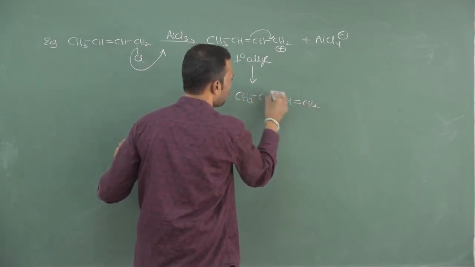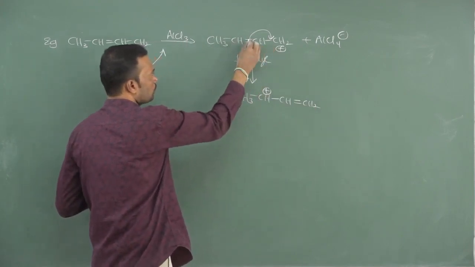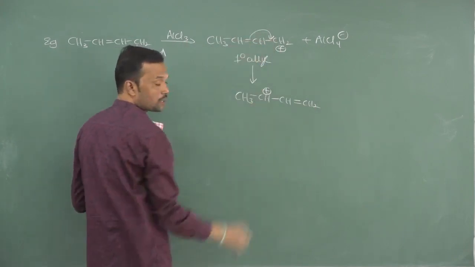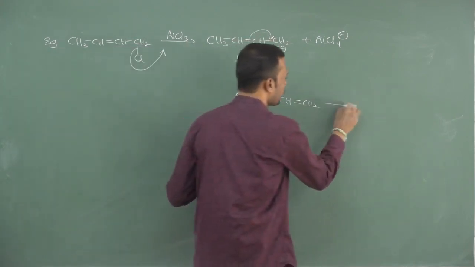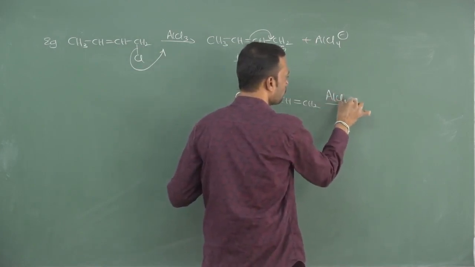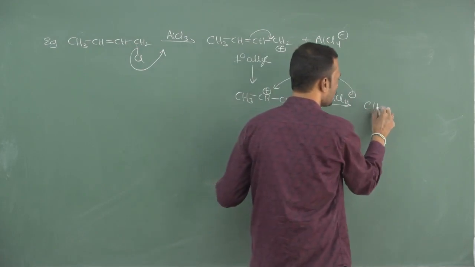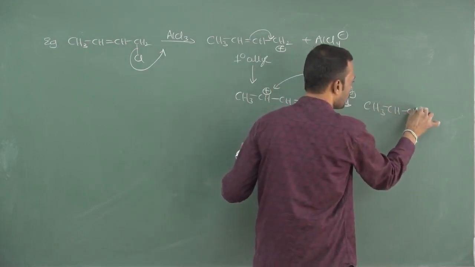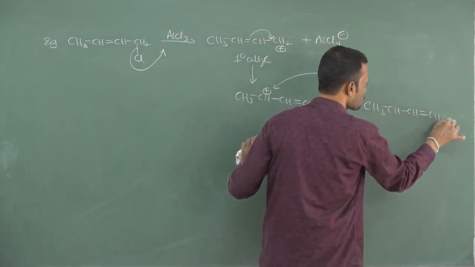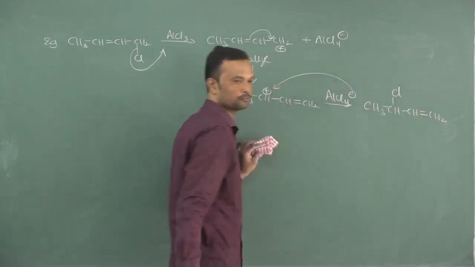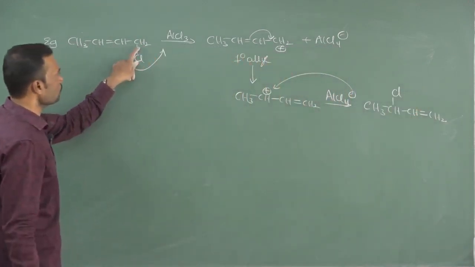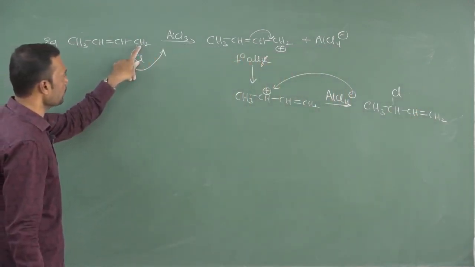stable allyl carbon. So if this double bond migrates here, this carbon becomes a cation. So this is called a stable allyl cation. Now from aluminium tetrachloride, one of the chloride ions attacks from here, and see that the chlorine rearranges from the terminal carbon to the internal carbon. So this is called allylic rearrangement. Initially the chlorine is present on the first carbon, and this is called the allyl carbon.